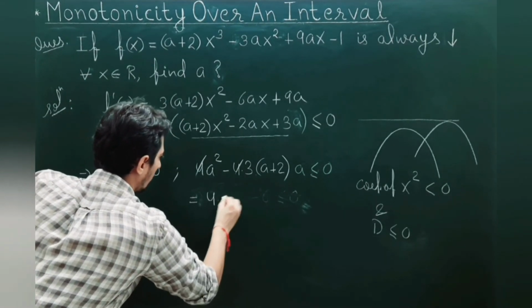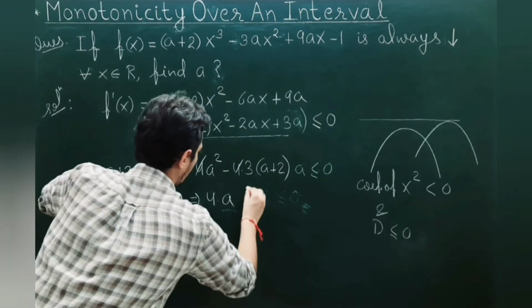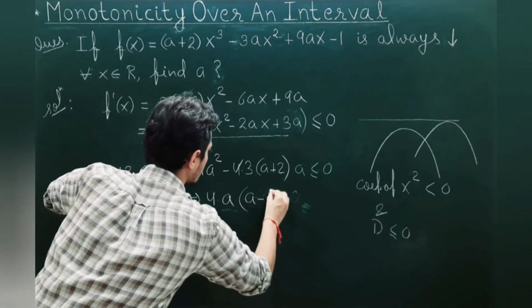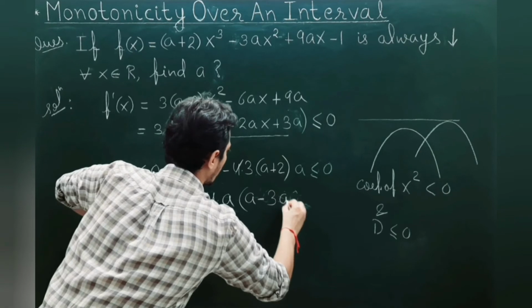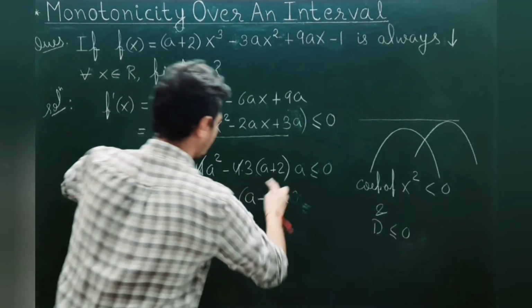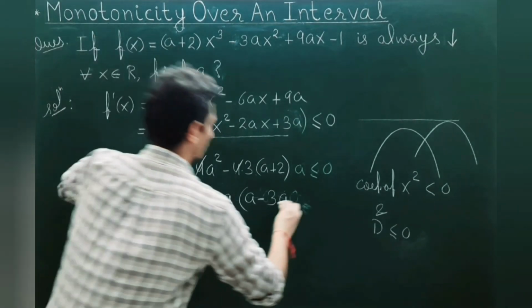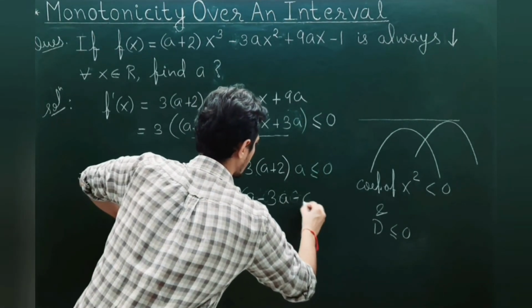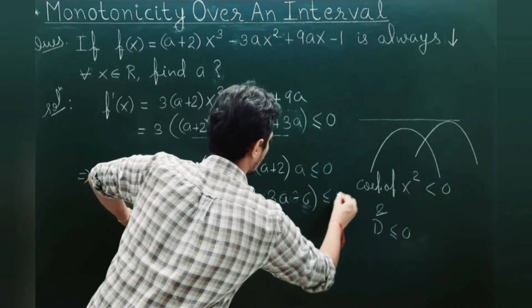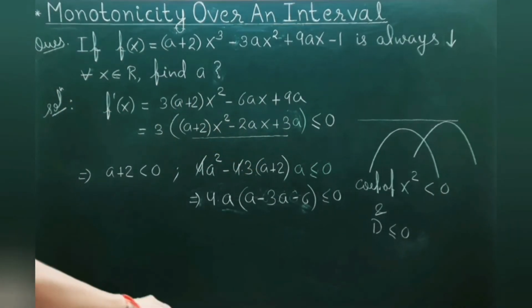So 4a, and here is a minus 3a minus 6, okay, less than equals to 0, right?